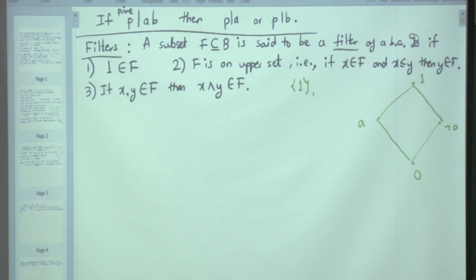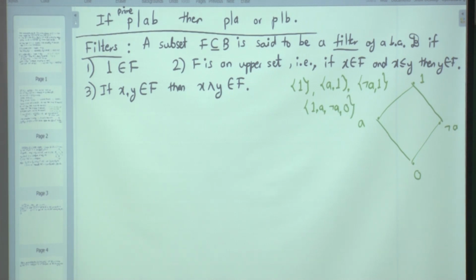Okay, what about other filters? A, 1. Then negation A and 1 has to be there. And if I put A and negation A both, then by this third property 0 should also be there.